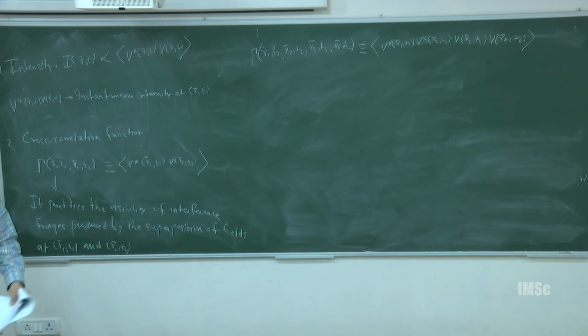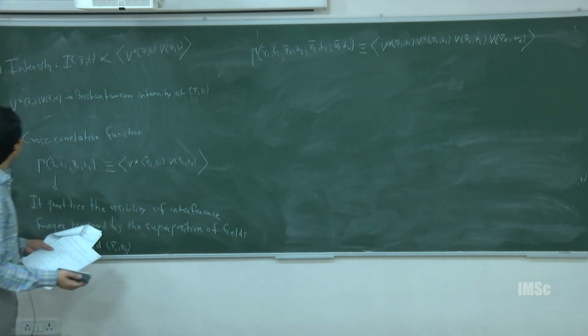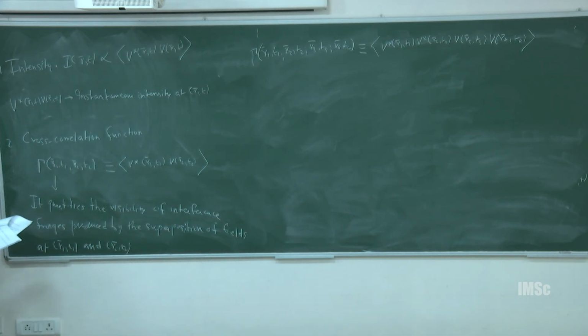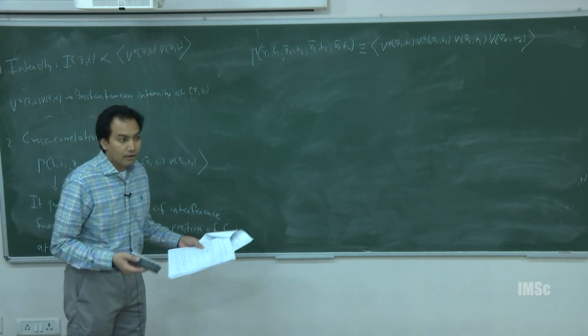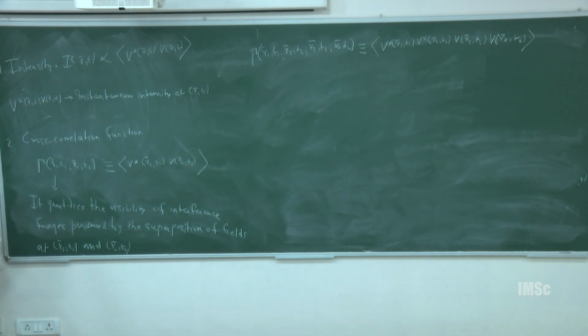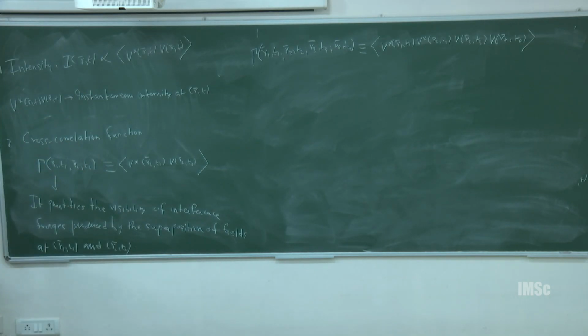I'll just clean this part of the board, and we'll see how the intensity of a real optical field is related to the intensity calculated using analytic signals. In the experiment, how do they figure it out?